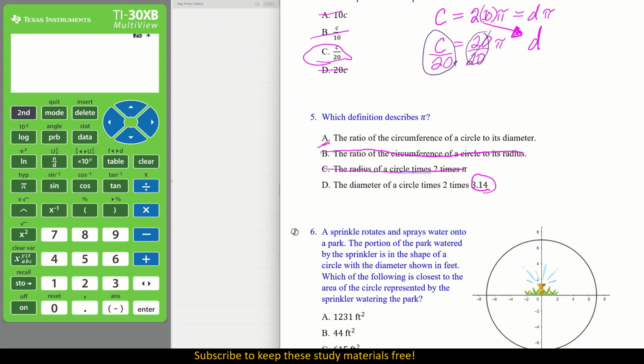We asked the non-calculator students. 3.14 is for the 6th graders and 7th graders taking the regular 7th grade test for now until they make changes, okay? So be aware that that is not going to be the value of pi. 3.14 is not the value of pi. You need to use the pi button on your calculator or you will have a very serious error when you're asked particular questions, okay? All right.